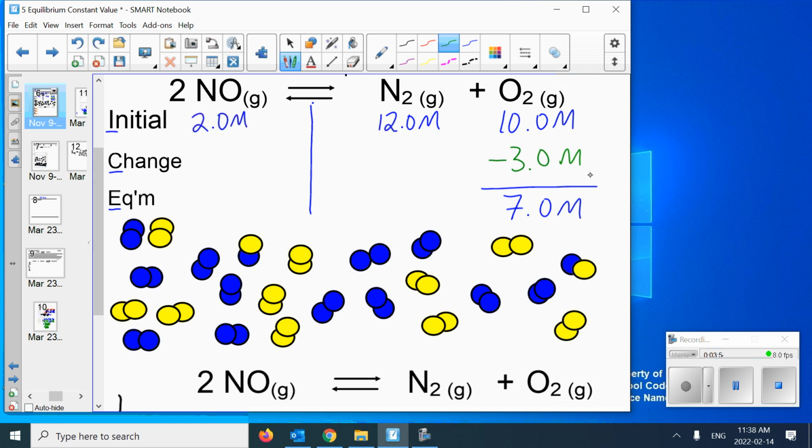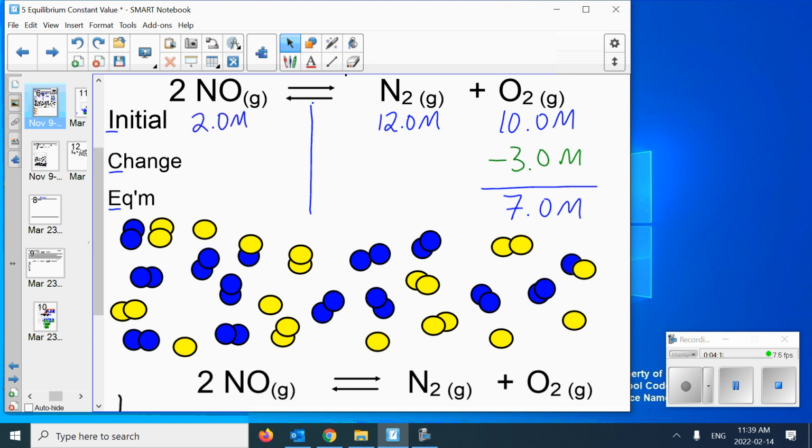That's what gets us to 7. I'm doing it in a different color so you know that that wasn't given. So how did that work? Well, if I take away 3 groups of oxygen from my diagram, I break them up. 1, 2, 3. I broke up 3 groups of oxygen, right?